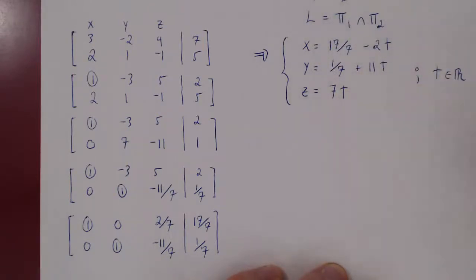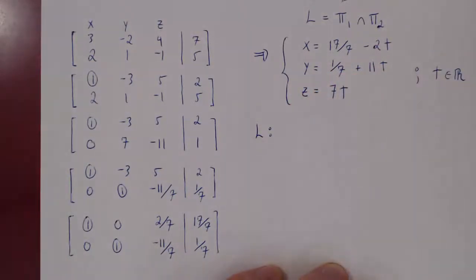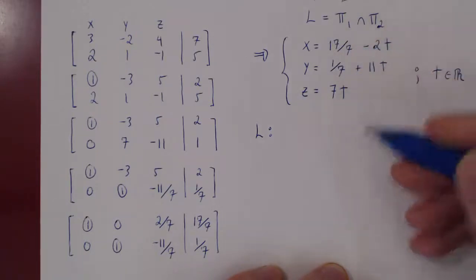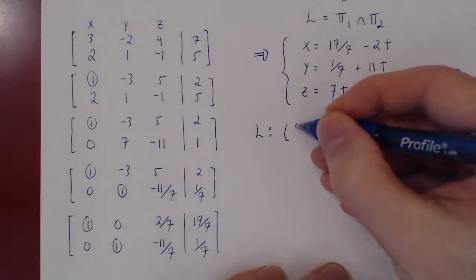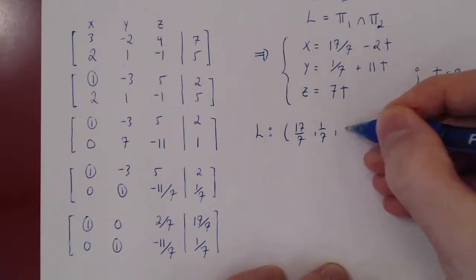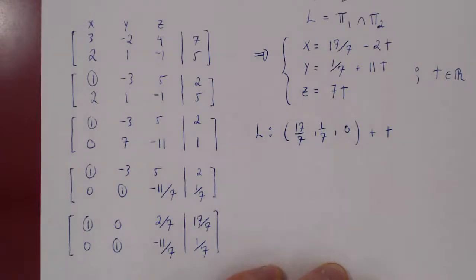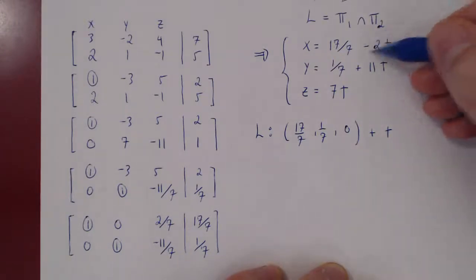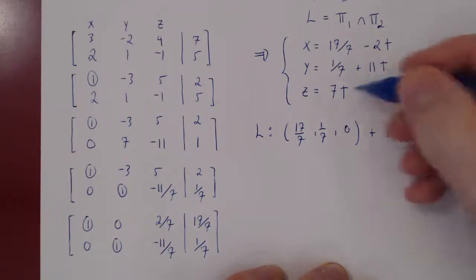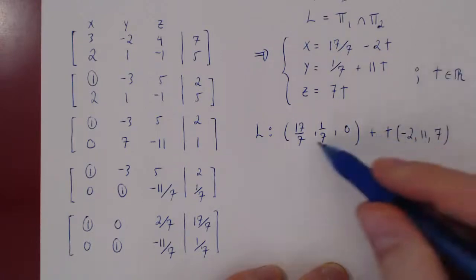If you want, you can write the vector form of the line. The constant terms, if you plug in t equals 0, you'll get the point 17 over 7, 1 over 7, 0. This will be the point on the line, so 17 over 7, 1 over 7, 0, plus t times the vector with coordinates negative 2, 11, 7, where t again ranges over all real numbers.